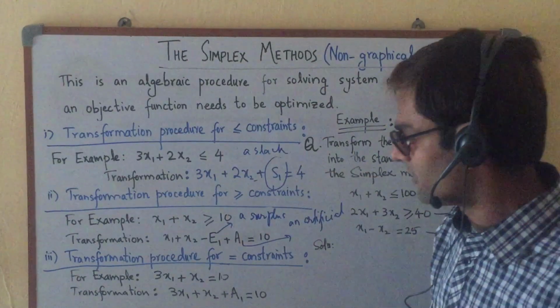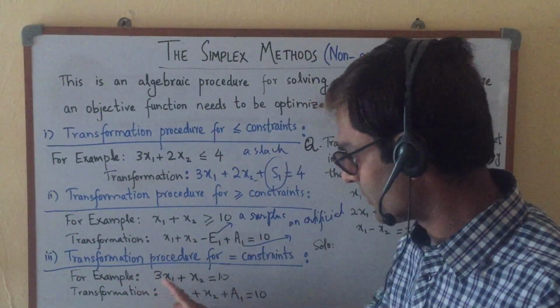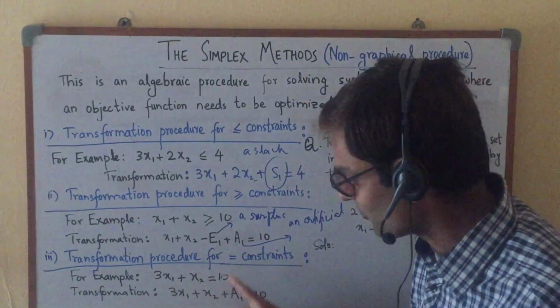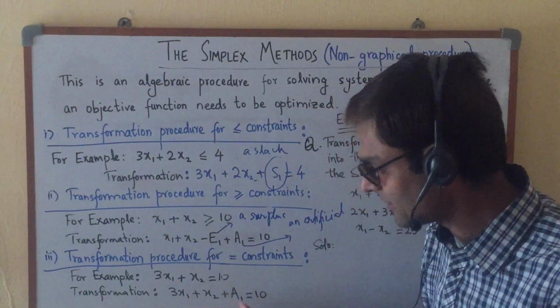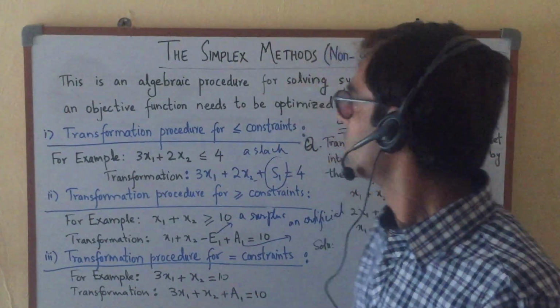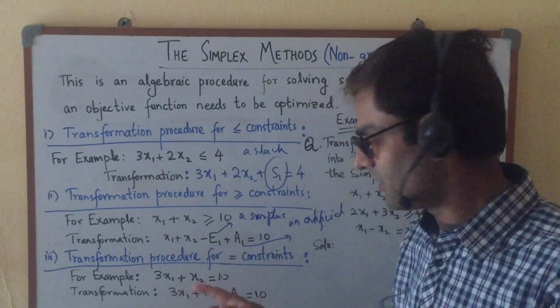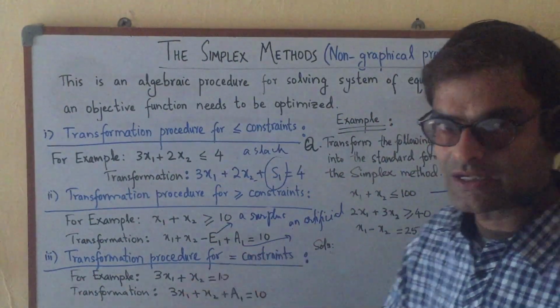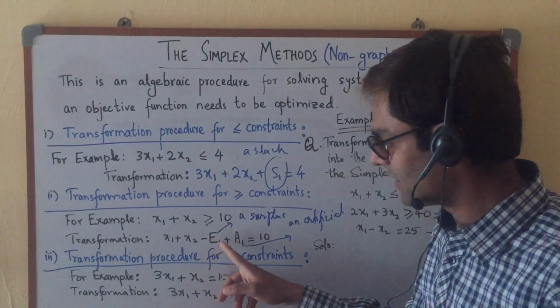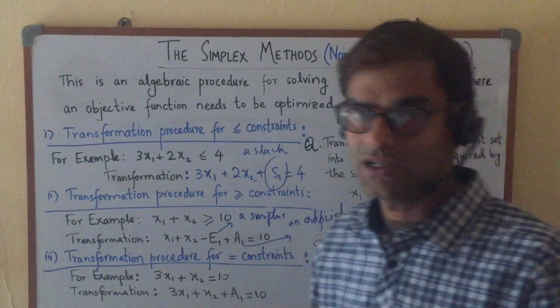Into the simplex method. If you have an equality constraint, 3x1 plus x2 is equal to 10, you write 3x1 plus x2 plus A1, where A1 is an artificial variable. One more thing about E1 and A1: if you have more constraints, you write E1, E2, E3, E4, and similarly A1, A2, A3, A4.